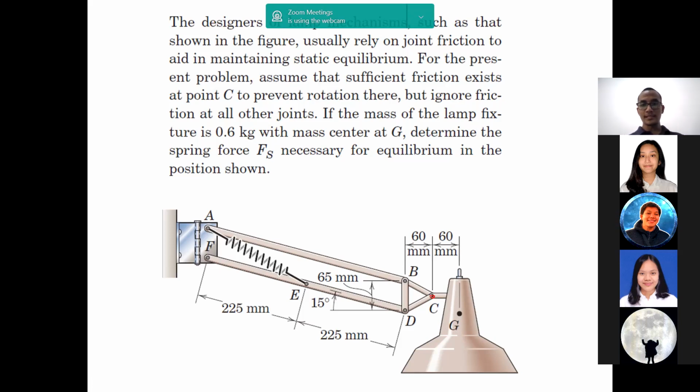It is known that at C there is friction, but the other joints have no friction, so the friction will only happen at C. The mass of the lamp is 0.6 kilogram with COG at G. The one in question is the spring force Fs necessary for equilibrium in the position shown.